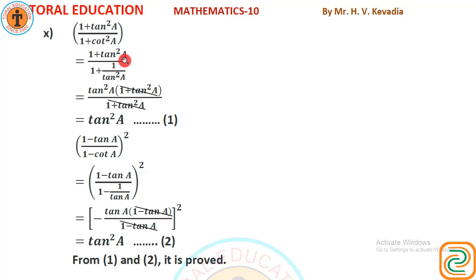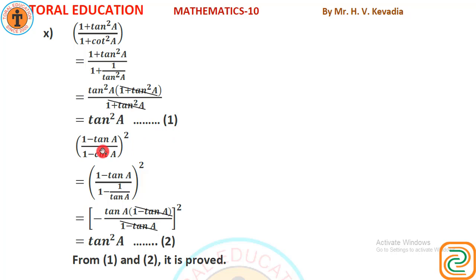So 1 plus tan square A upon 1 plus 1 upon tan square A. Tan square A will be LCM, so tan square A plus 1. This tan square A goes to the numerator. So 1 plus tan square A, 1 plus tan square A cut off. We got tan square A. This is result number 1, what we wanted.